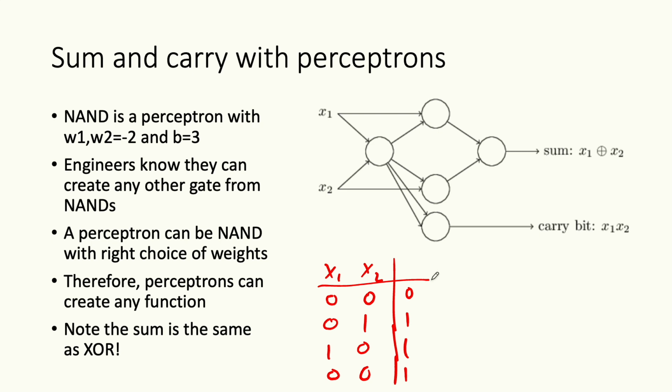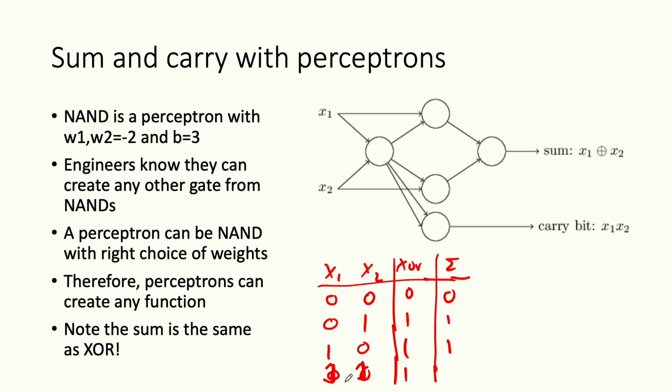Because if you add up binary numbers, if you have 0 and 0, you get 0. If you get 0 and 1, you get 1. Add 1 and 0, and you get 1. If you add 1 and 1, you get 0, right?